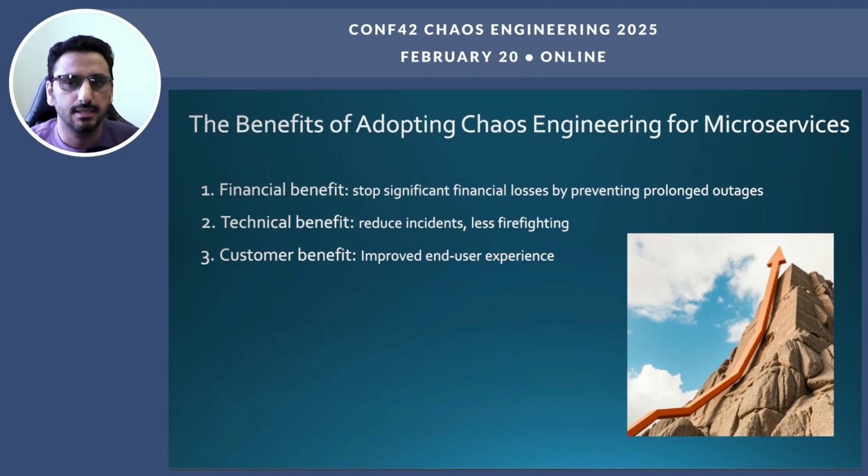The next is the technical benefits. For example, we have reduced incidents, less firefighting, a better on-call experience, and fewer technical issues in our system. And the third is the customer benefit.